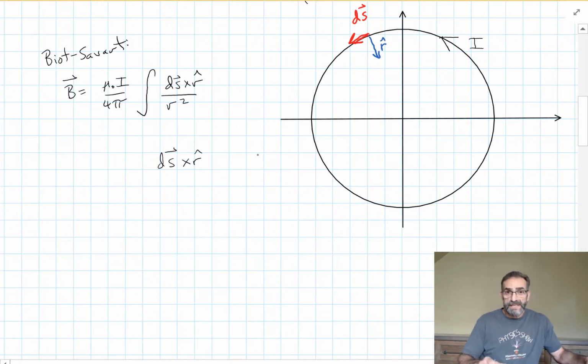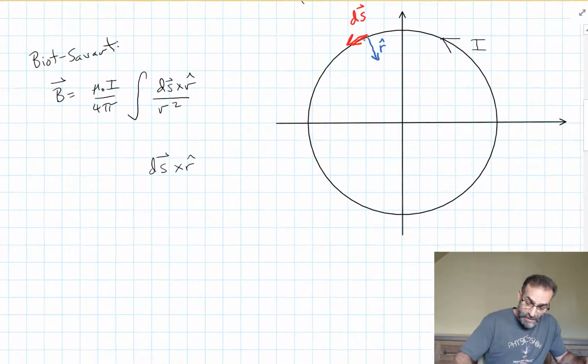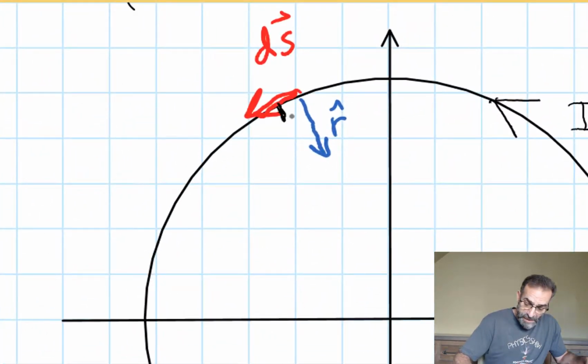Well, we've already talked about the fact that ds points in the direction of the current, so it's tangent to this circular loop of wire. And r hat points from ds to the point of interest, which is the center of the circle. So these two are always going to be perpendicular to each other.